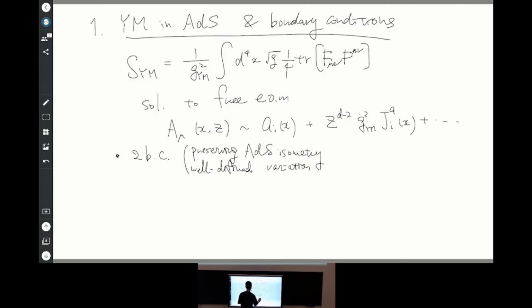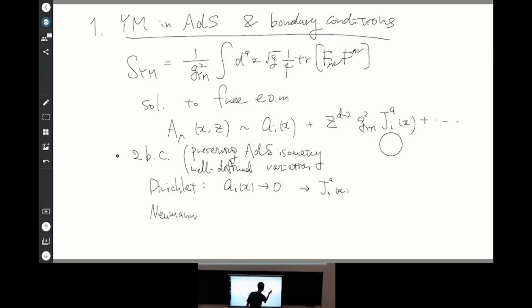As in that case, you have two different ones. One you would call the Dirichlet boundary condition, and the other you would call the Neumann boundary condition. The Dirichlet one basically corresponds to setting A_i to be 0. So the only remaining operator that you have afterwards is this one.